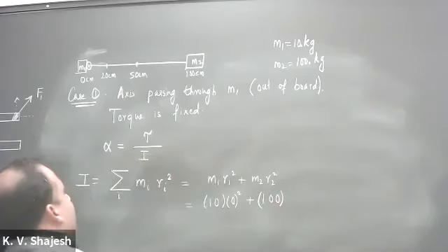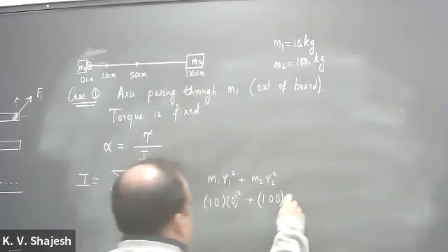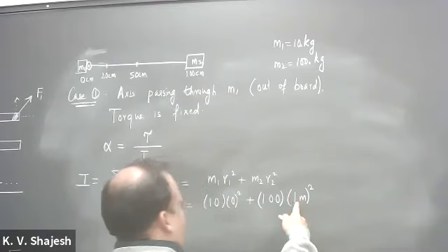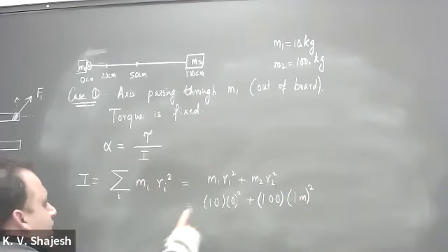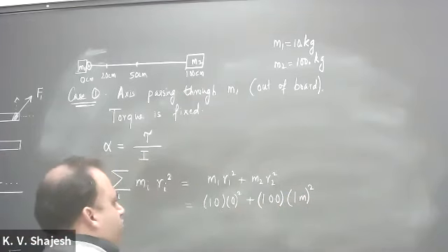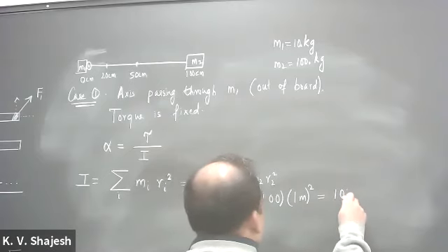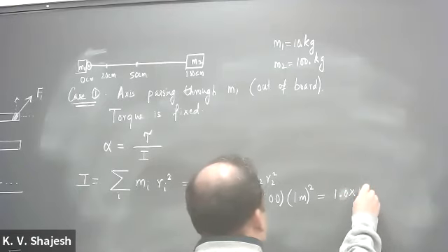How far is it? It's 100 centimeters. Let's convert that to meters. So that's 1 meter squared. That's 100 times 1, so that's 100 to 2 significant digits. So that will be 1.0 times 10 raised to 2.